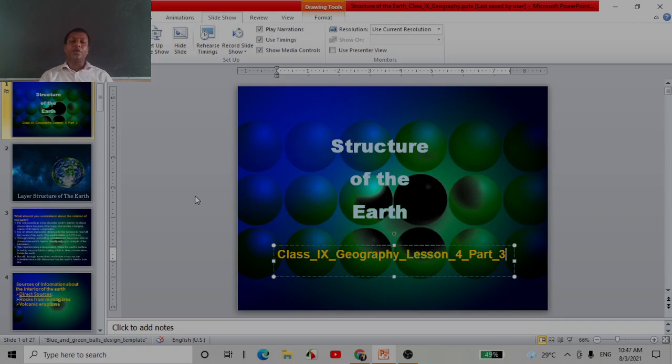In the last two videos we have learned about the layers of the earth. Of those, we have completed only two layers, that is the crust and the mantle, the upper mantle and lower mantle, and the Moho discontinuity.